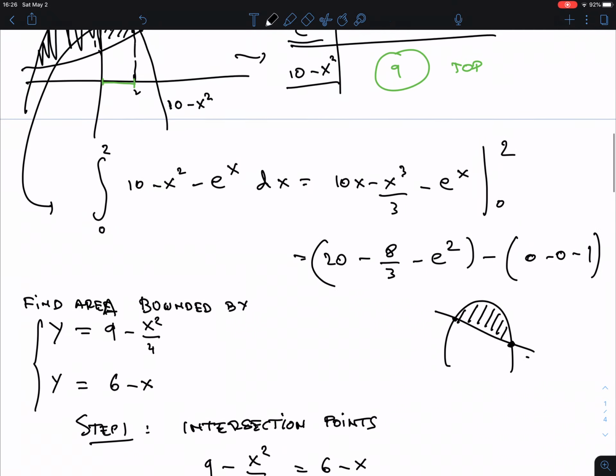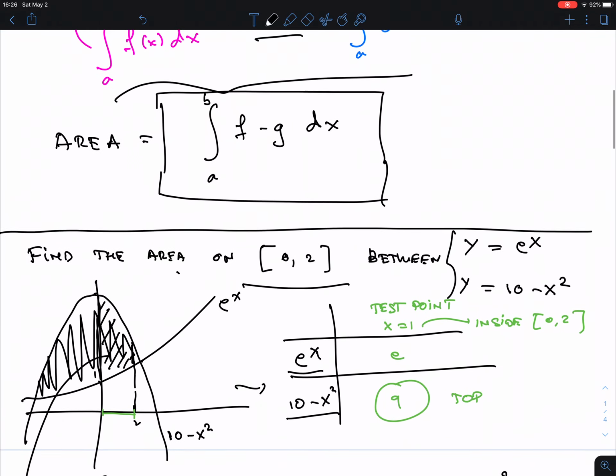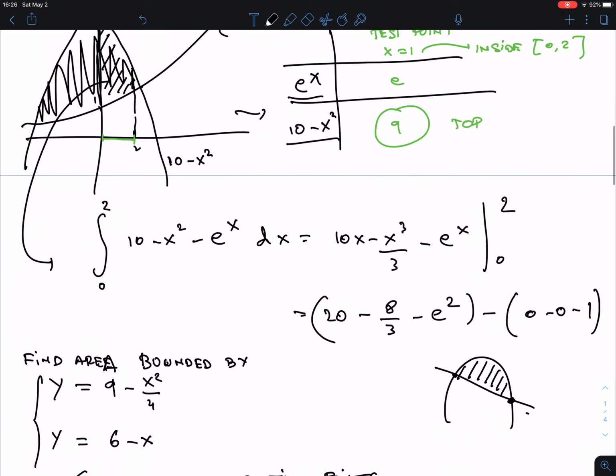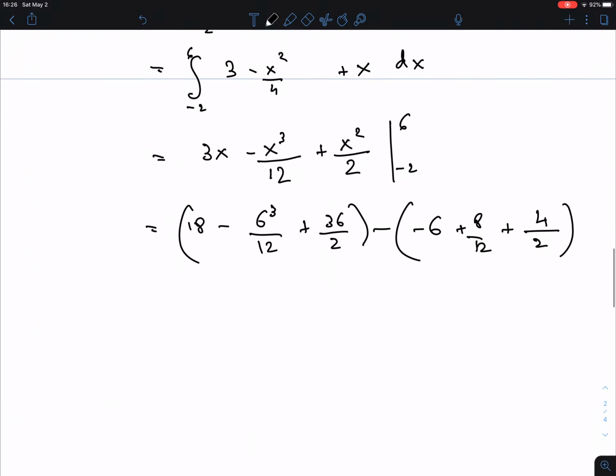But there's one complication that we still have to discuss: what happens if curves intersect themselves several times? Okay, so let's look at an example here.